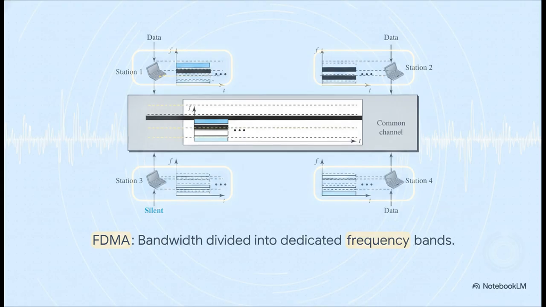Station 1 gets the top band, Station 2 gets the next one down, and so on. Crucially, each band is reserved for its specific station 100% of the time. They literally never talk over each other because they're confined by bandpass filters. And to be extra safe, we use small guard bands, think of those as the thick walls between our soundproof rooms, to ensure there's zero overlap or interference.